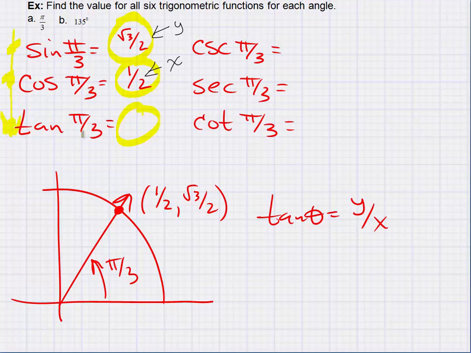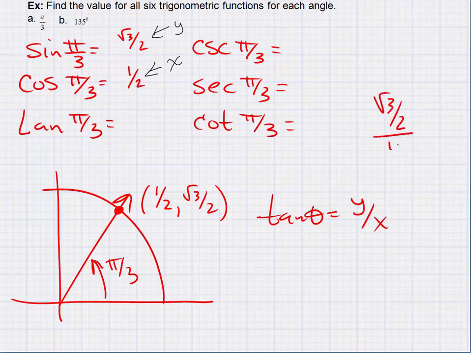So if I take square root of 3 over 2 and divide it by a half, I have square root of 3 over 2 times 2 over 1. I cancel, and I get square root of 3.